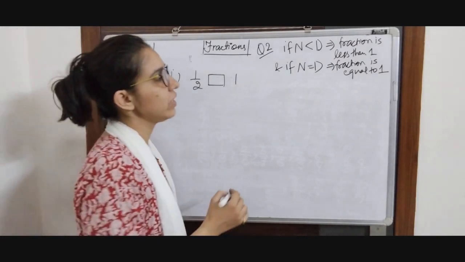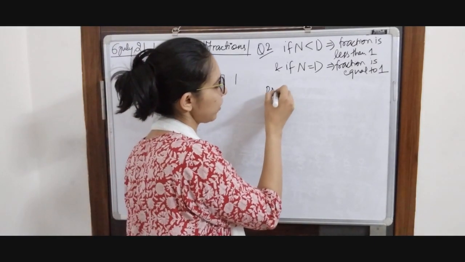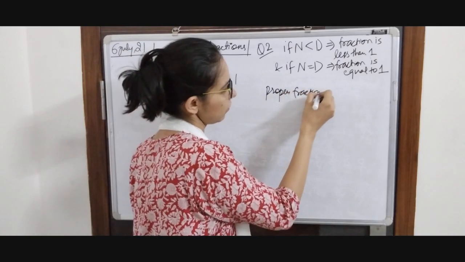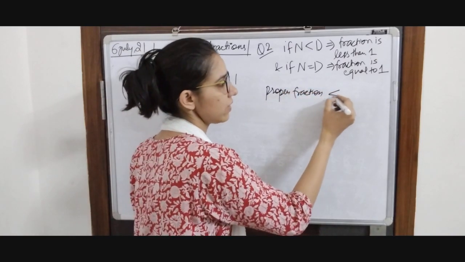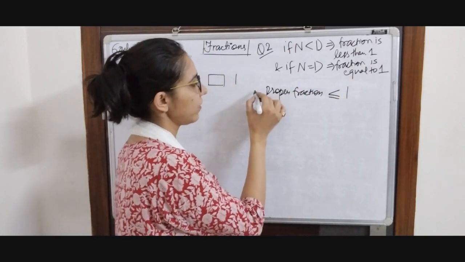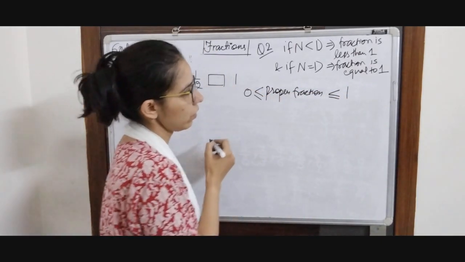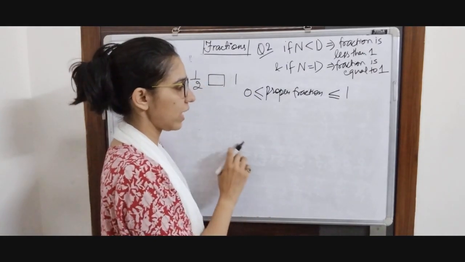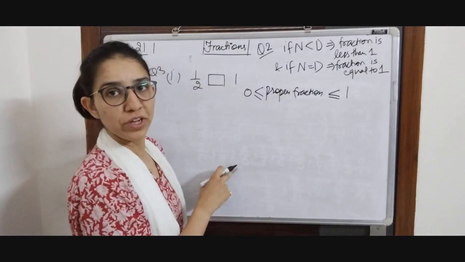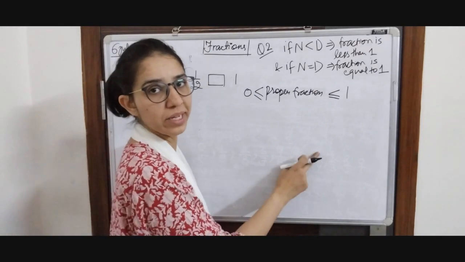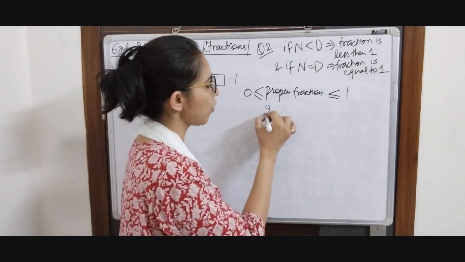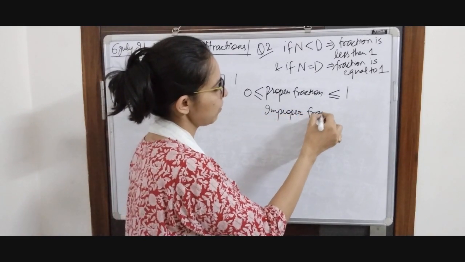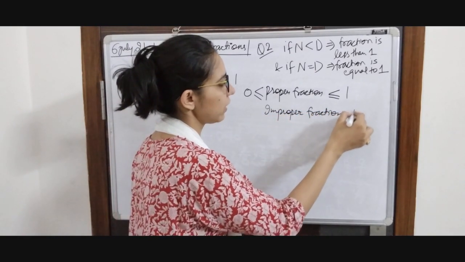Okay, now see that your proper fraction is less than or equal to 1, and it is greater than or equal to 0. It is greater than or equal to 0 and less than or equal to 1. You have seen that when we were representing our proper fraction, we were starting from 0 and ending at 1. And our improper fraction is greater than 1.